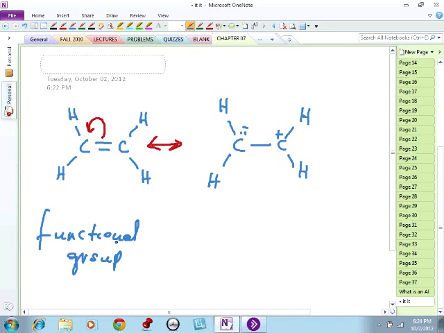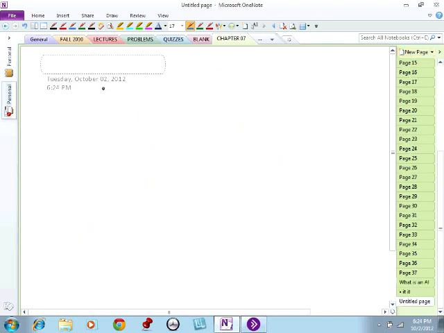Okay, so at this point, let us start with the nomenclature of alkenes. We know alkenes are compounds that contain a carbon-carbon double bond. So let us say alkenes and IUPAC nomenclature.